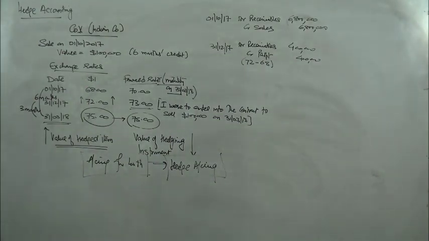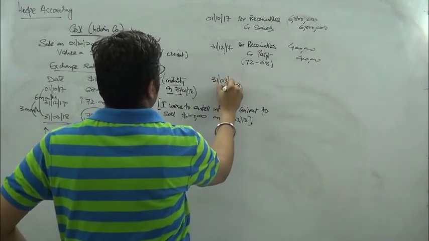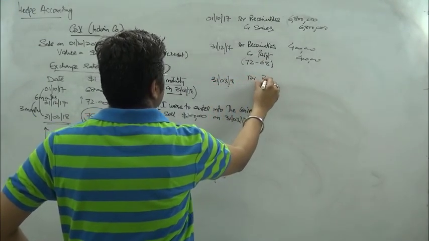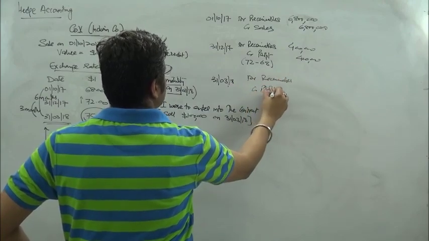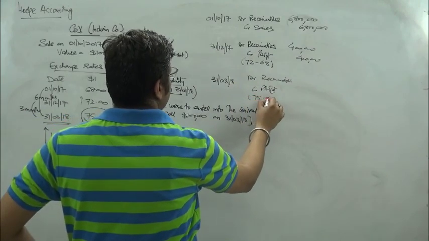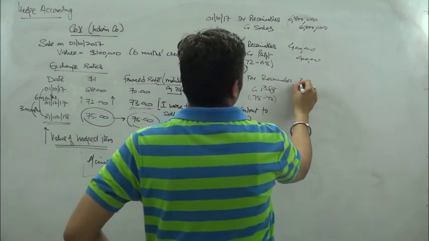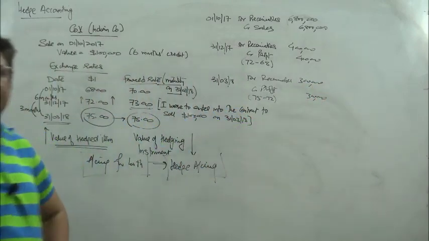Right? I move further, 31st of March 18. My receivables have increased. And again, I recognize a profit, which is 300,000. 75 minus 72, that comes in my books here.